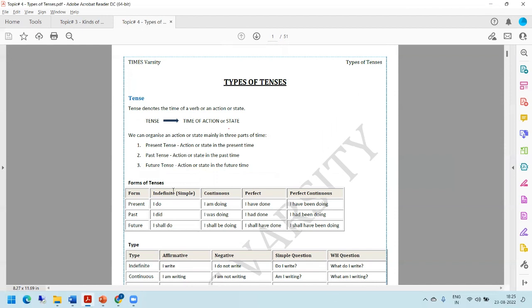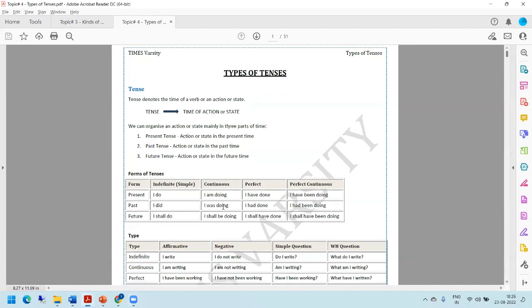And in each tense, we have different forms again. Like in present, we have indefinite form, continuous form, perfect form, and perfect continuous form. Right. And any question, Musa? Okay. So in each of these tenses, there are 4 forms.